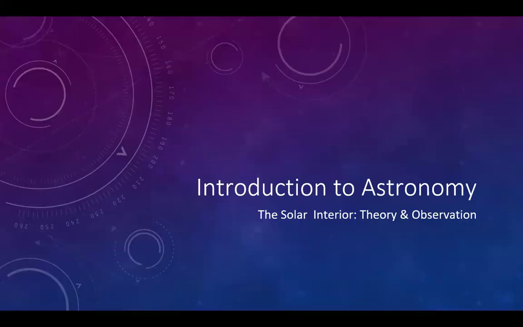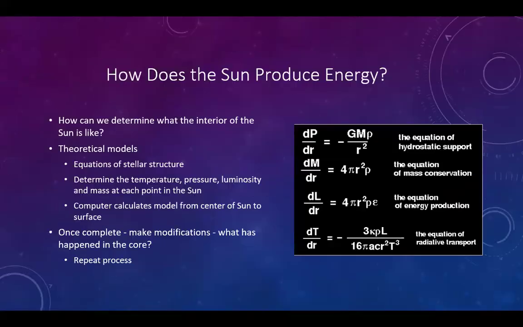So we were talking about the interior of the sun. We can really only observe the outside of the sun. We have no way to look deep within. Well, we have one, but it's not great. But we can build theoretical models to explain the stellar structure.